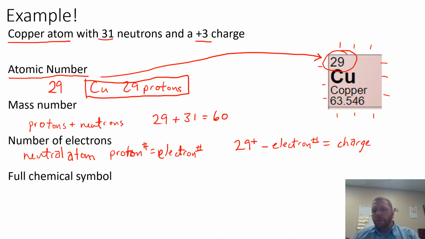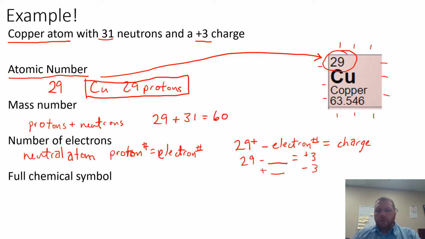So this is a little bit of simple algebra. 29 minus blank equals +3. So what do we do there? One thing that we'll do is add our blank to the other side, and subtract 3.